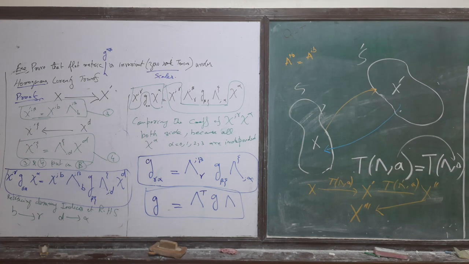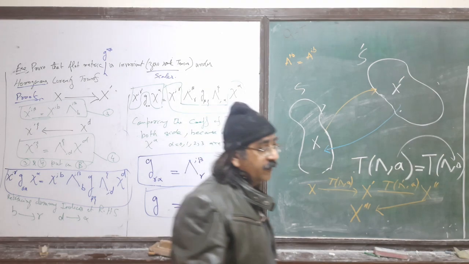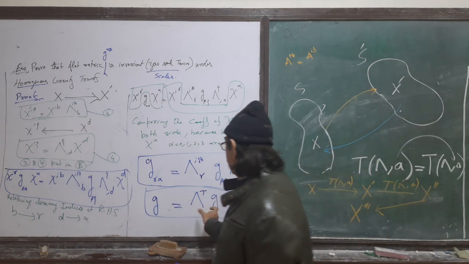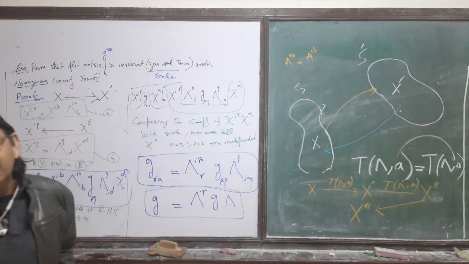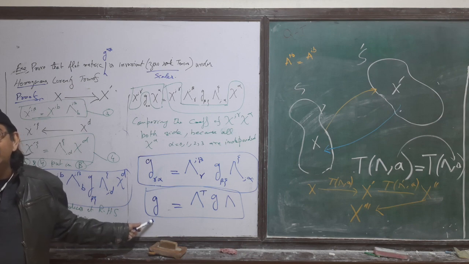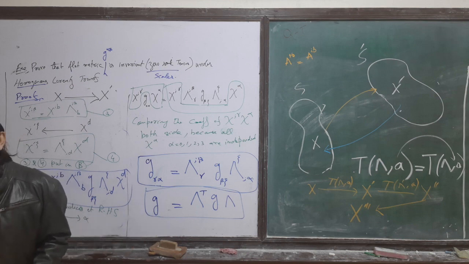Transpose means column will be converted into row and row will be converted into column. Under homogeneous Lorentz transformation, no transformation law is applied on G. G remains invariant. So that means it is a zero rank tensor.